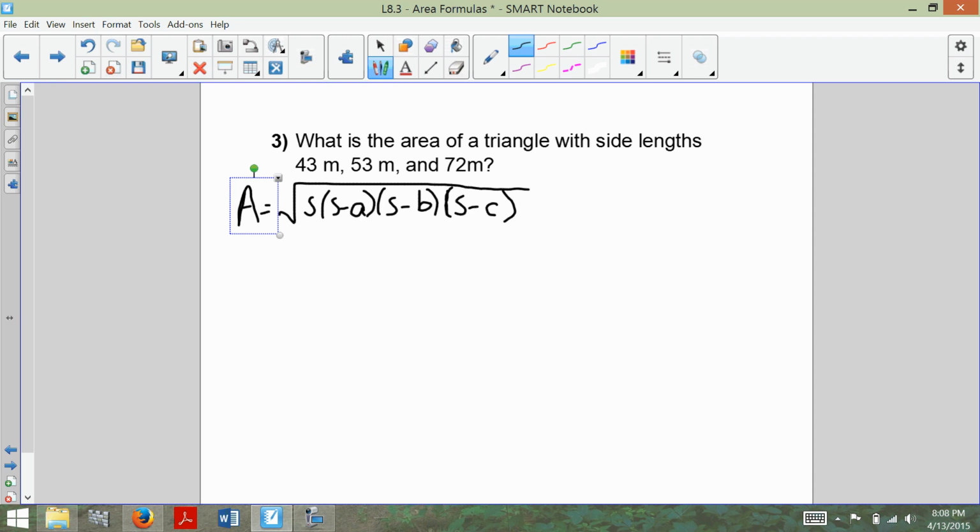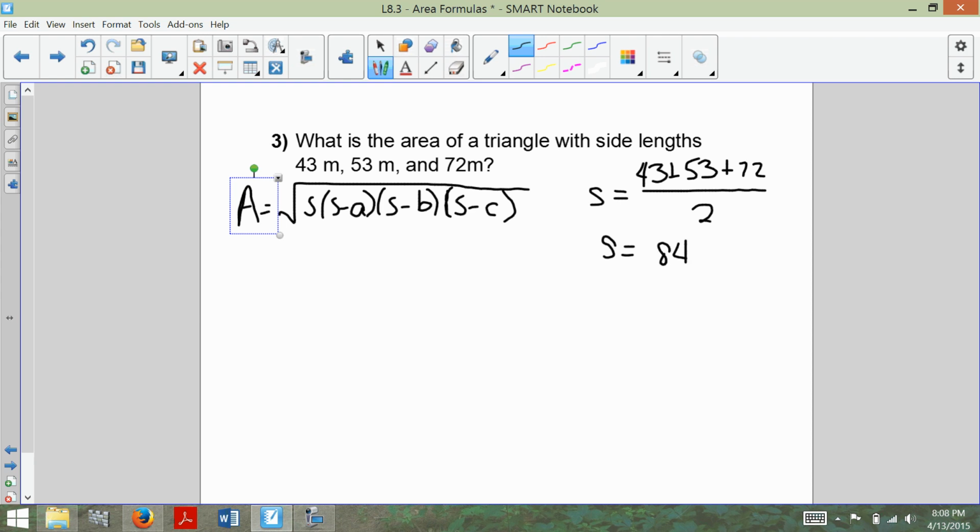So first thing I'm going to have to do is calculate s, and we said that's the three sides added up and divided by 2. So 43 plus 53 plus 72, all divided by 2, is going to give me the value of s. So in this case, for this problem, that s is 84.